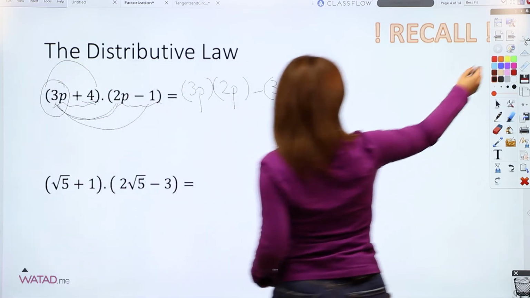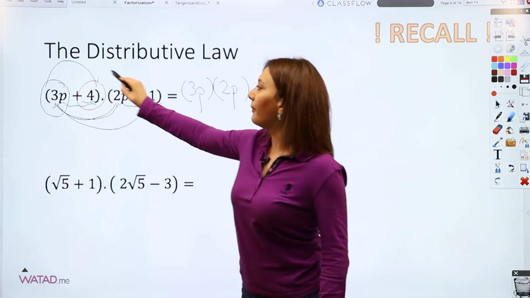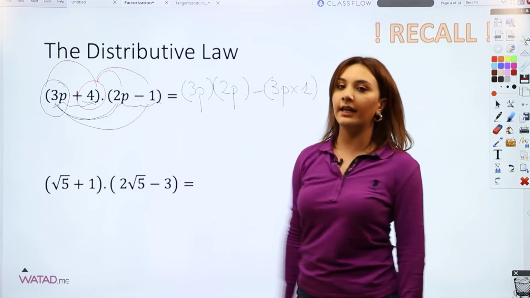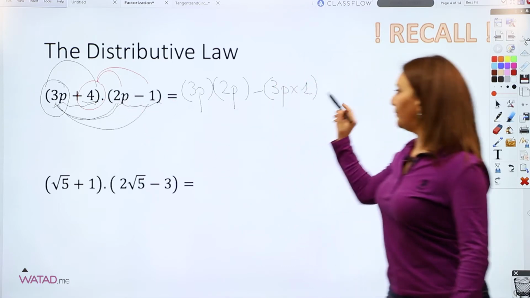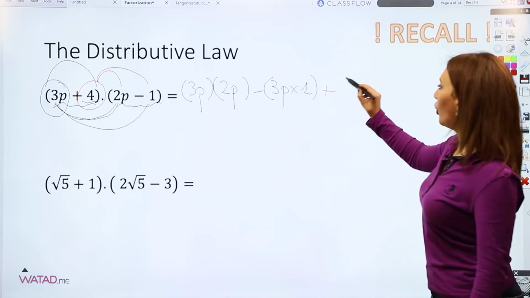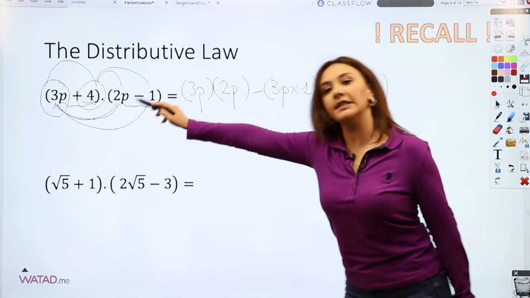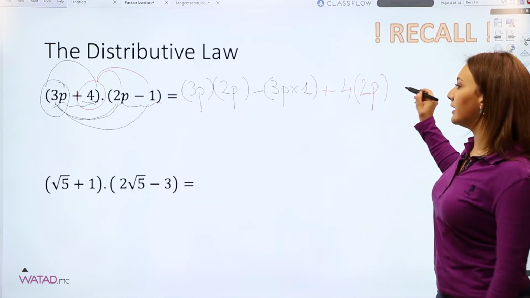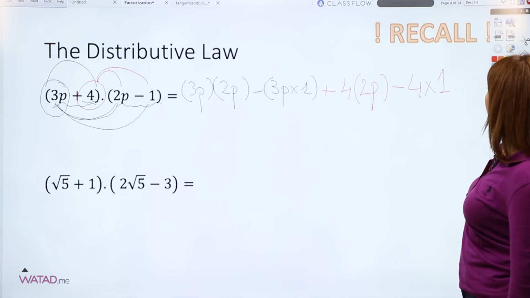Let's start with 4. Now I want to multiply plus 4 by every term inside the second parenthesis. So this is plus times plus is plus, 4 multiplied by 2p. Plus multiplied by minus is minus, and 4 times 1. Okay?